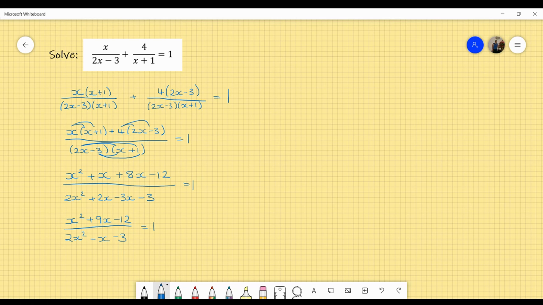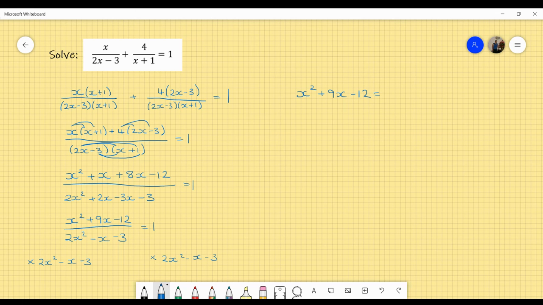I don't like the fractions, so the only way to eliminate having that denominator is to multiply both sides by that denominator, 2x squared minus x minus 3. And we're doing that to both sides of the equation. I'm going to pop up here so we've got a bit more space so you can see.